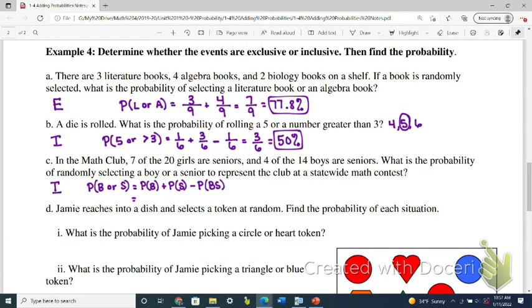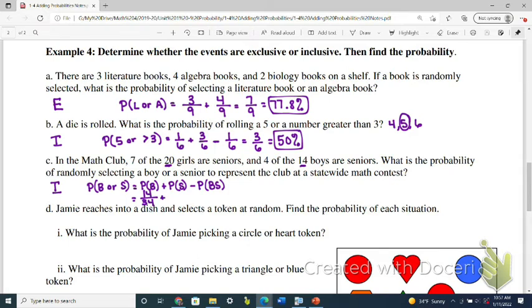First of all, we need to look at how many total members there are. So 7 of the 20 girls are seniors and 4 of the 14 boys. So that means there are 34 kids total. And how many are boys? 14.